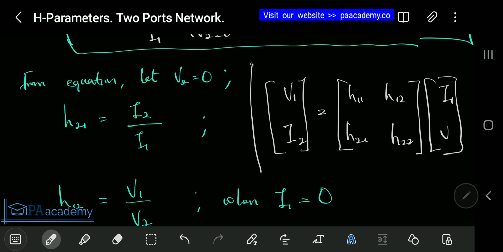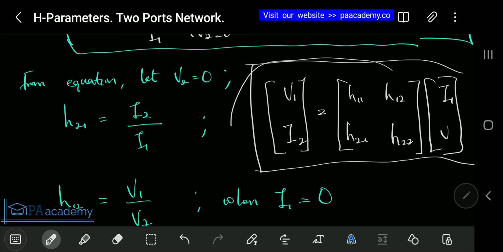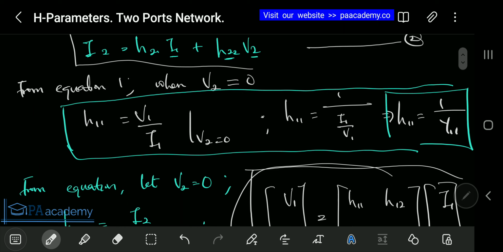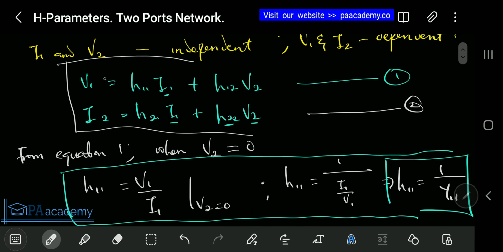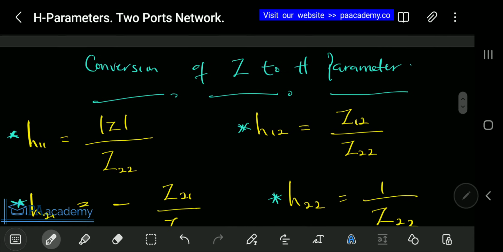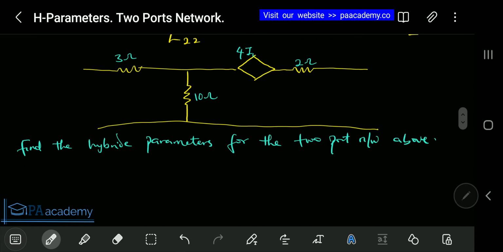Okay, so if you are to put it in matrix form, it will look like this. If you should expand what we have here in matrix form, you're going to be having this over here. Exactly.